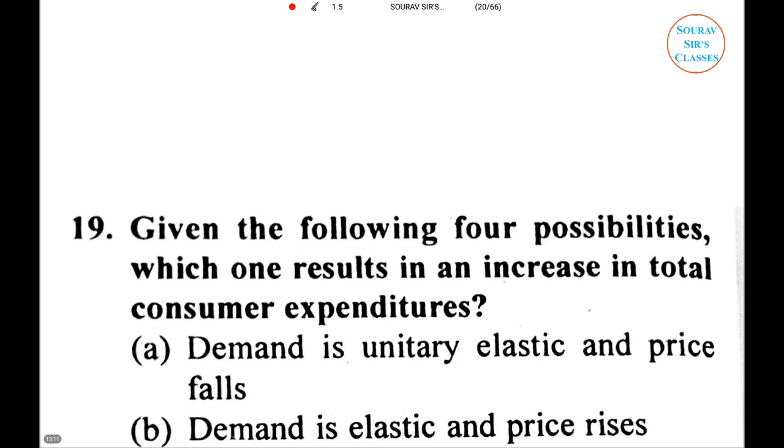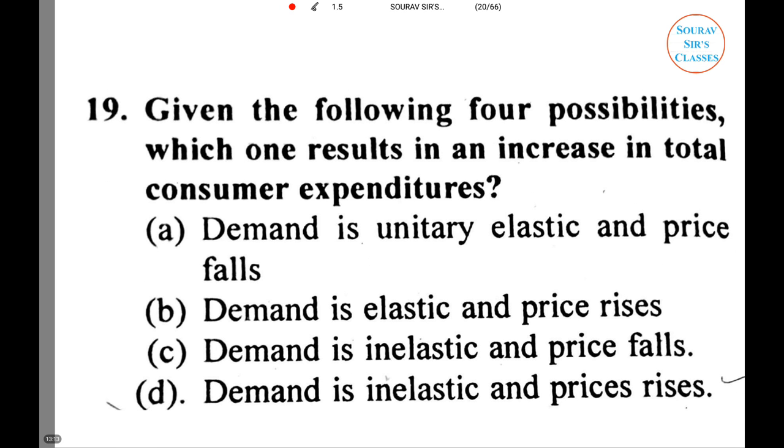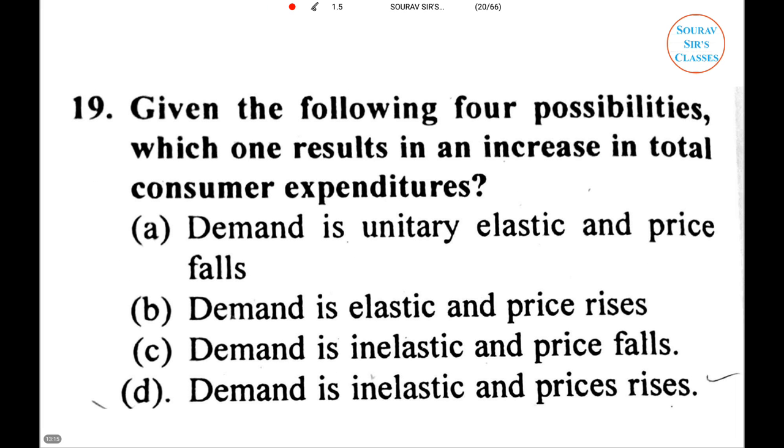Question number 19. Given the following 4 possibilities, which one results in an increase in total consumer expenditure? Now, the answer to this will be D. Demand is inelastic and price rises. Why? Because when there is an increase in total expenditure, there will be two effects on prices.